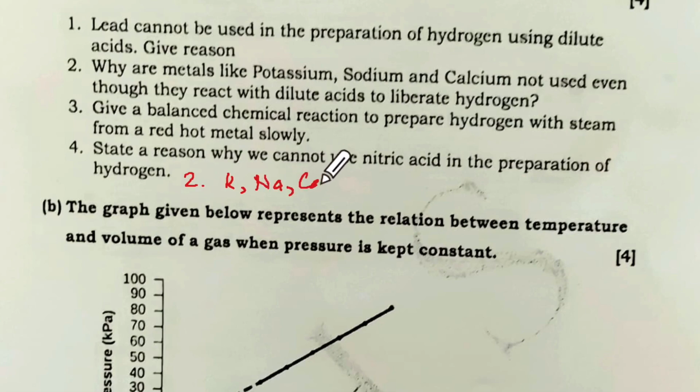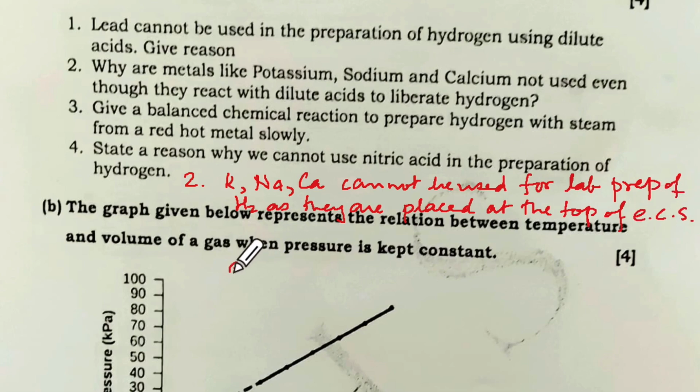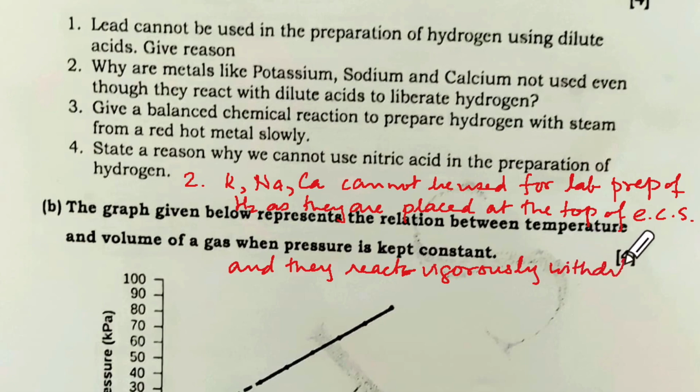K, Na, Ca cannot be used for lab preparation of H2 as they are placed at the top of the electrochemical series, and they react vigorously with dilute acids, and collection of H2 is difficult.